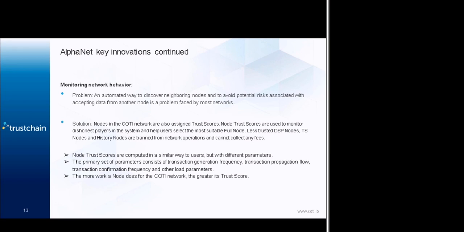Node trust scores are computed in a similar way to user scores, but with a different matrix of parameters. The primary set of parameters consists of transaction generation frequency, propagation flow, confirmation frequency, and other load parameters which we have in the system. Basically, the more work a node does for the Coty network, the greater its trust score will be.